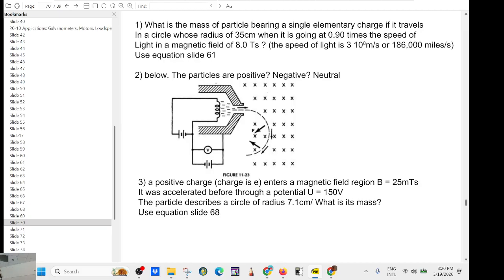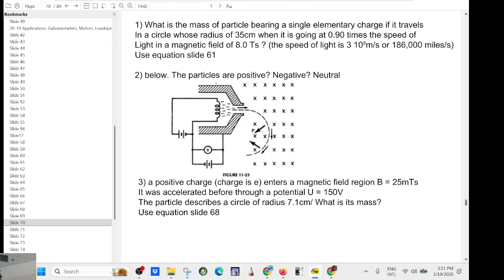What did you say? So what do you get at the end? What's the final answer? 17? Okay, so that's 1.7 times 10 to the negative 27 kilograms, in scientific notation.